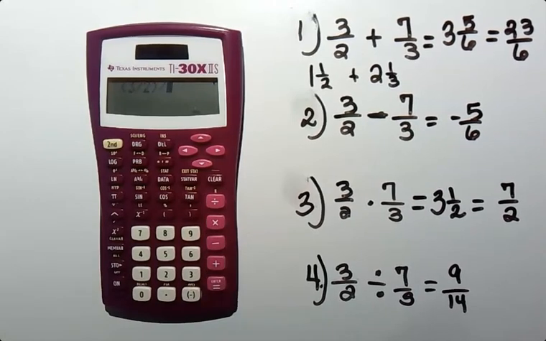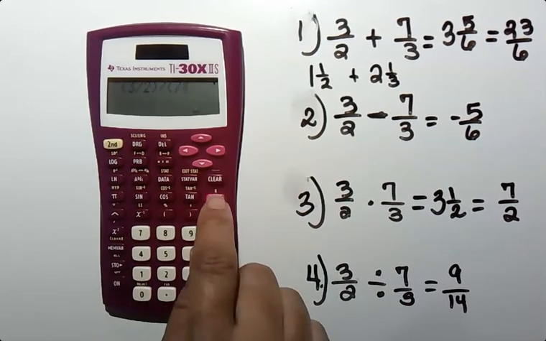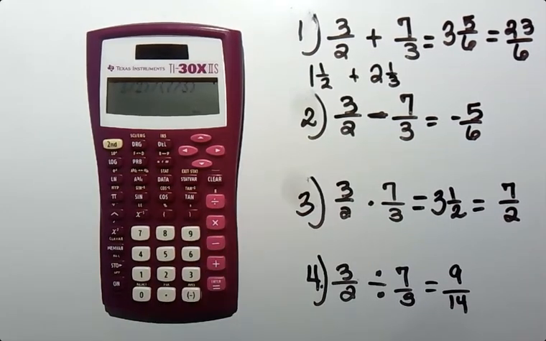Then I'm going to hit my divide by. Then I'm going to tell the calculator that 7/3 goes together by using parentheses. Parentheses 7 divided by 3, close the parentheses. That's how I tell the calculator to keep it together. If I don't do that, it'll go straight into order of operations, and the way it's going to calculate the answer isn't what you want.